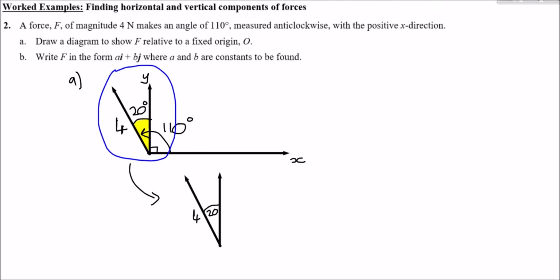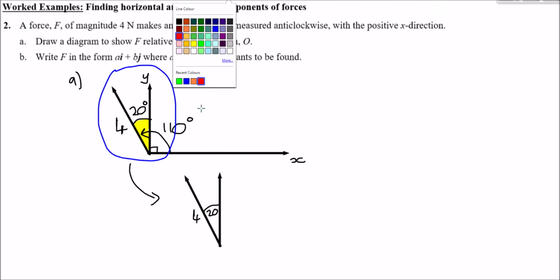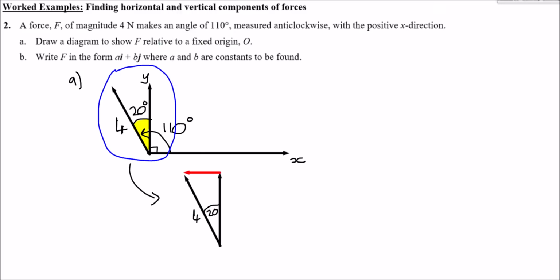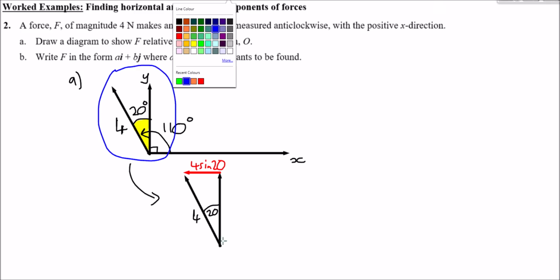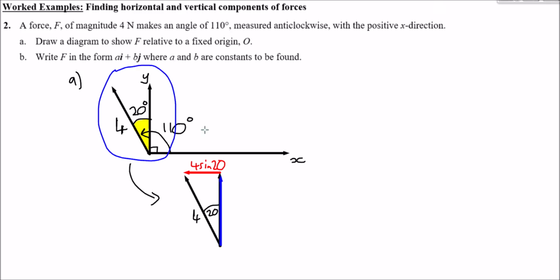So like I say, probably do the opposite component first, which is always going to be the hypotenuse sine of this angle we know. So in the i direction, we're going to have 4 sine 20. And going upwards is going to be 4 cos 20. So along is cos, opposite sine.